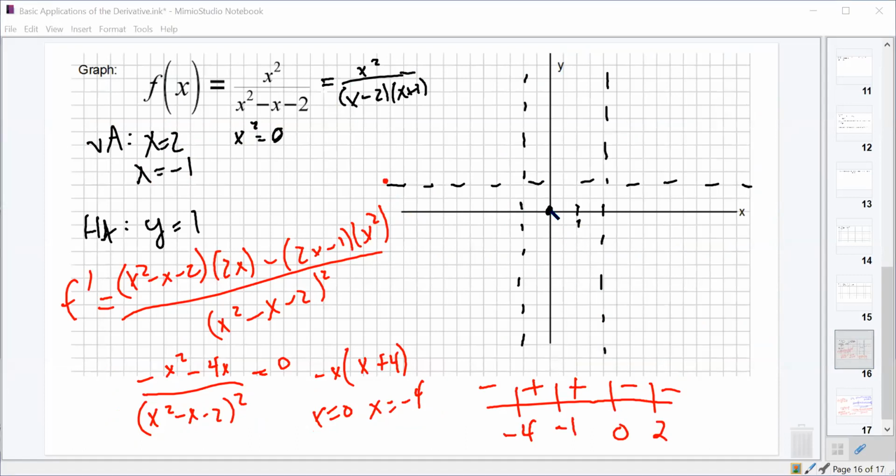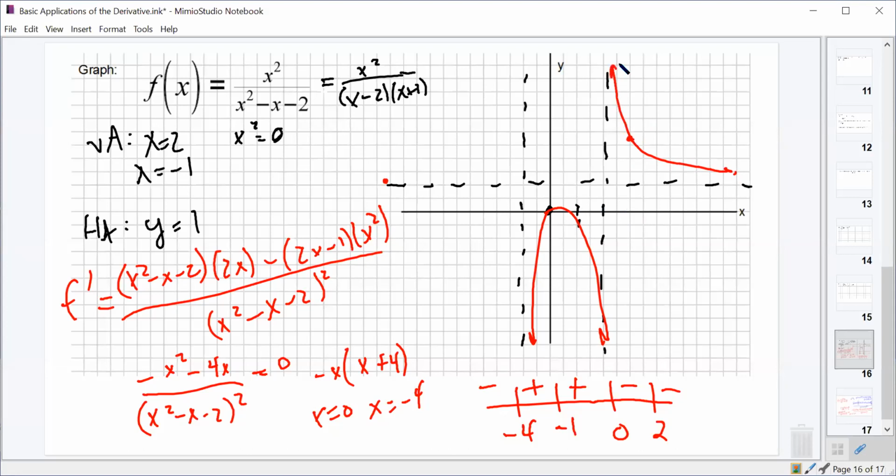So we know we're going to be concave down inside of there, like that, approaching those asymptotes. We might want a value over here, like 1, 2, let's plug in 3 to our original function. If we plug in 3, that should give us 9 over, what, 9 over 4. And we're concave up for all of that and approaching our asymptotes.